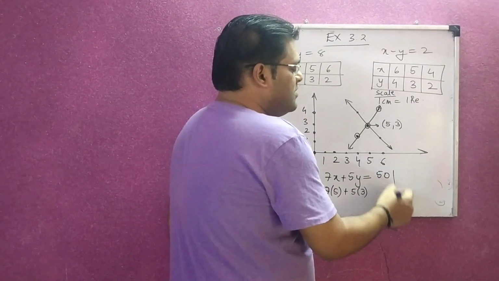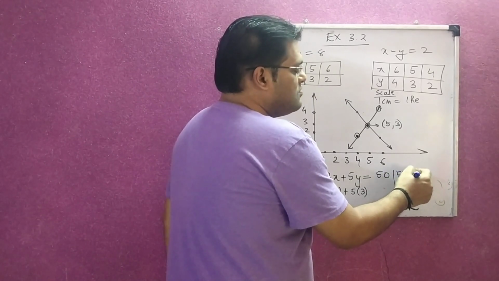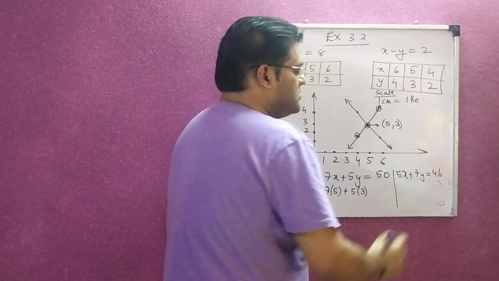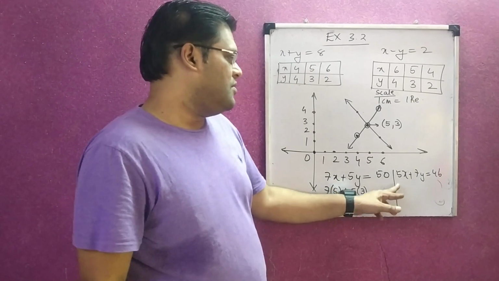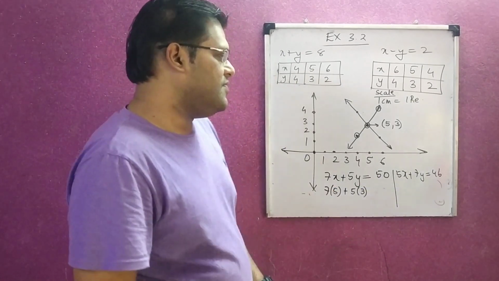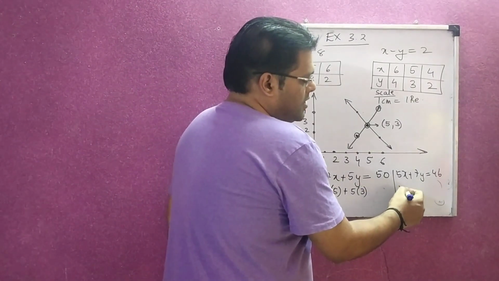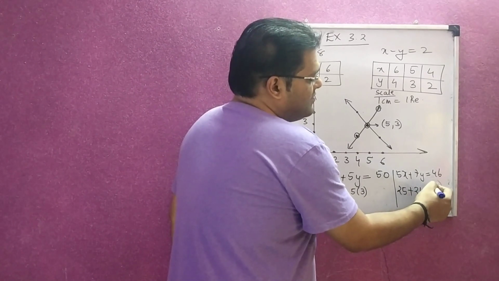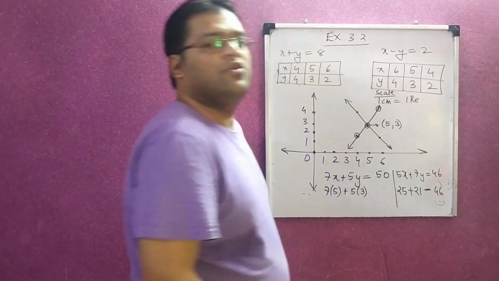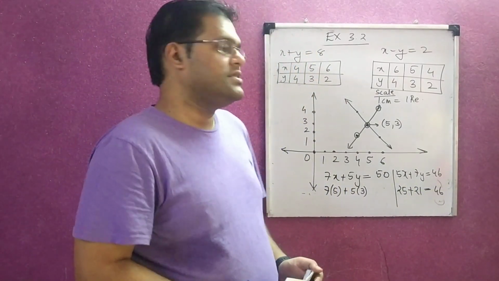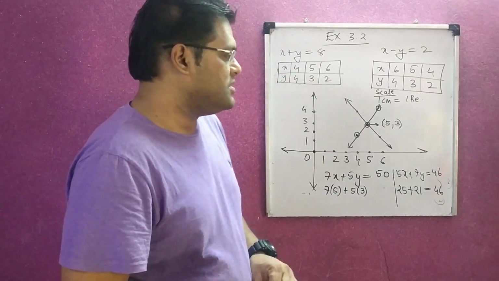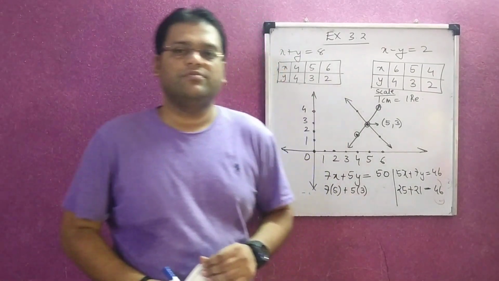Next equation will be 5x plus 7y is equal to 46. So that will be 5 into 5, that is 25, 7 into 3, that is 21. That is going to come out as 46. Right? So please take down this much and then we can proceed to question number 2.